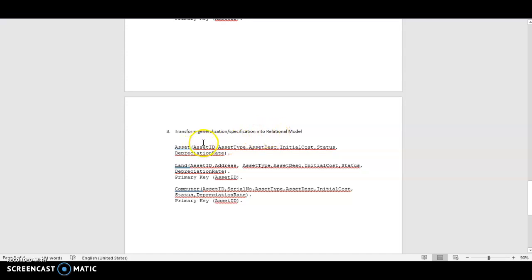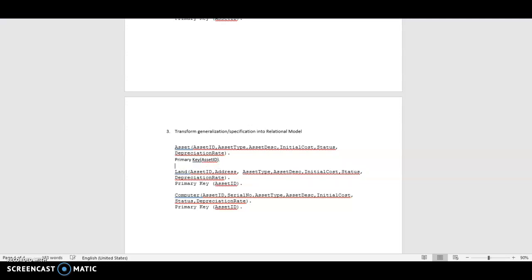For this generalization, I have the asset, because the asset has children and the child is optional. So the first one is asset and the primary key is asset ID, and the next one is land.